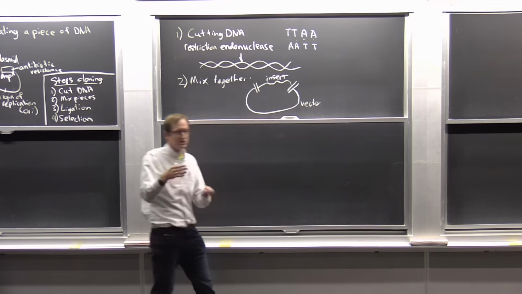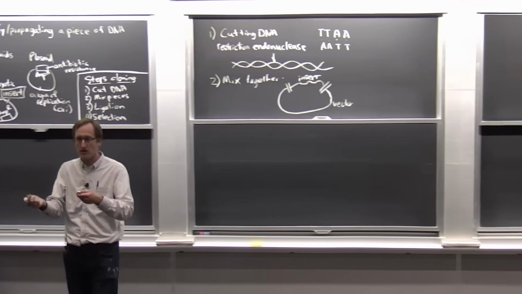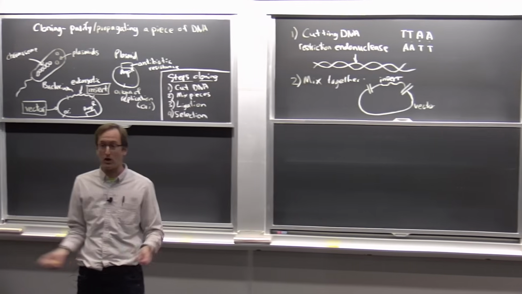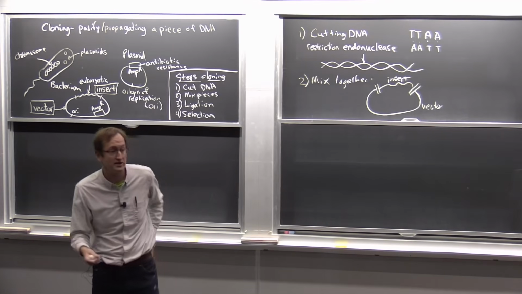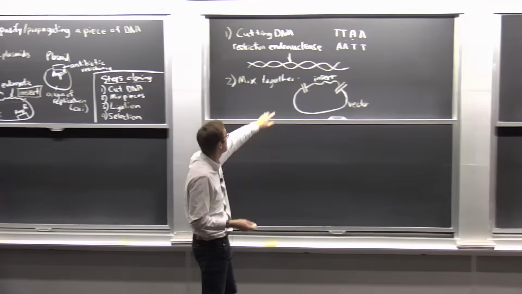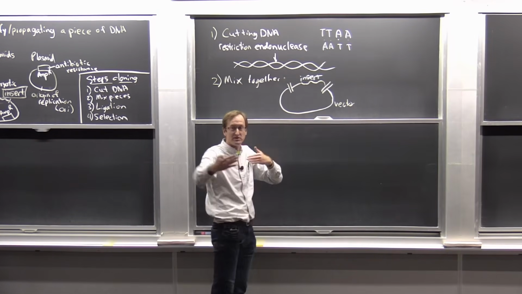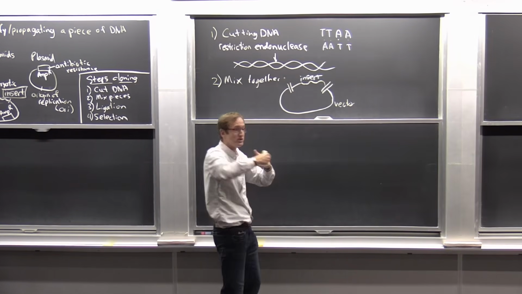But when these things initially stick together, you don't have a single molecule where everything is covalently attached, right? You just have these base pair interactions between the two overhangs as they stick to each other.